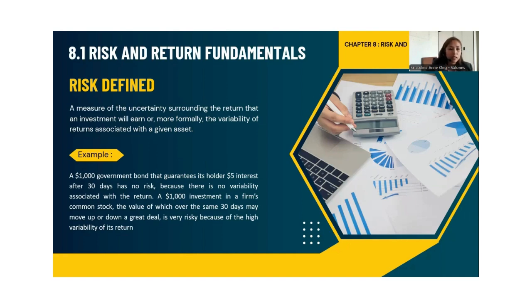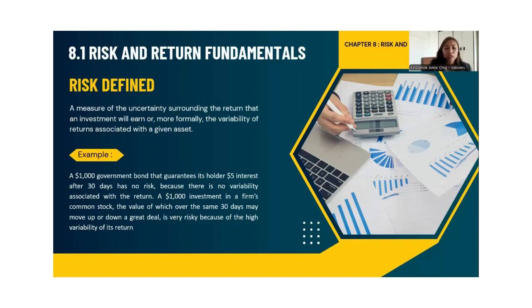So let's take a look at the example. A $1,000 government bond that guarantees its holder $5 interest after 30 days has no risk. Usually, government bonds or treasury bonds are a zero risk investment, because there will be no variability associated with the return.